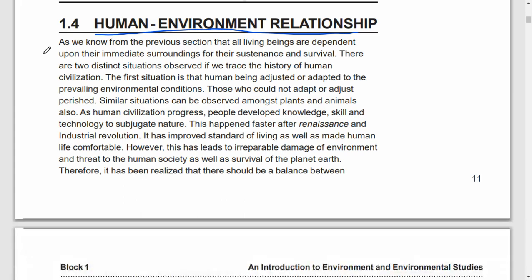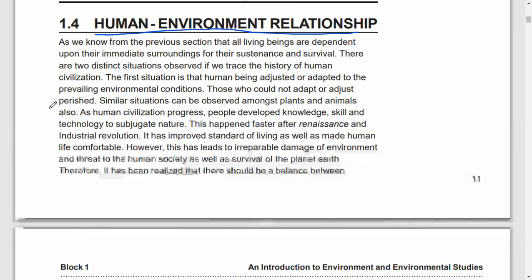The first situation is that human beings adjusted or adapted to the prevailing environmental condition. Those who could not adapt or adjust perished. A similar situation can be observed amongst plants and animals also.